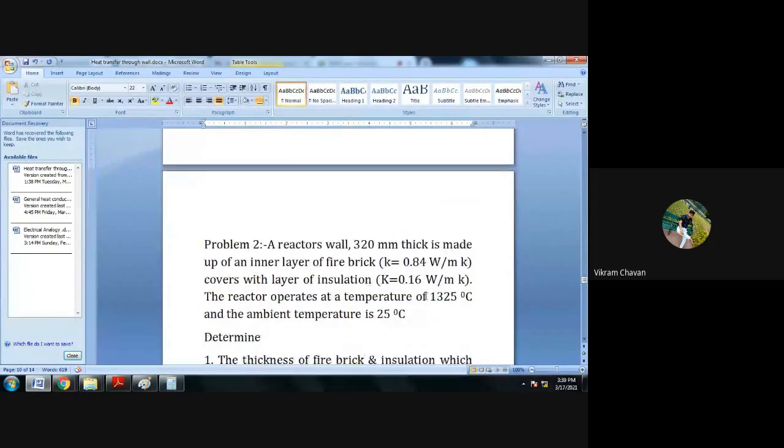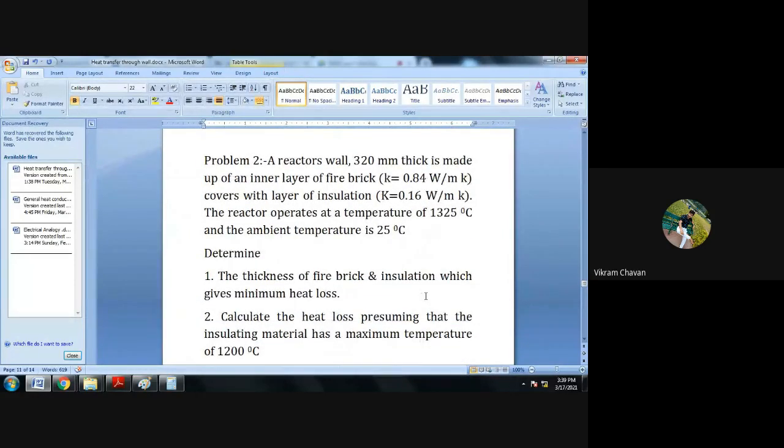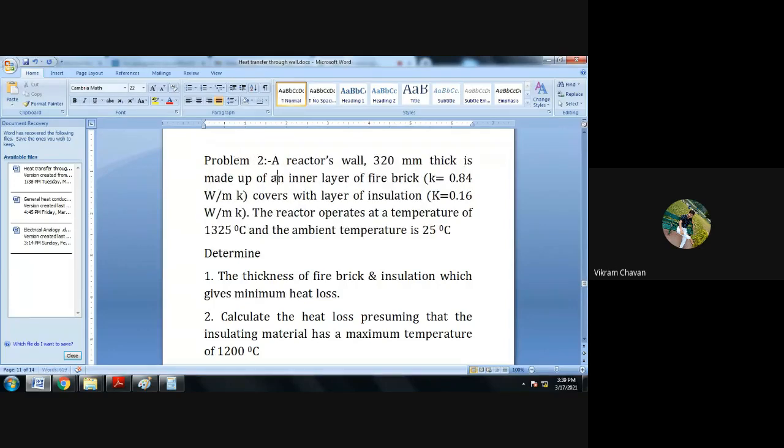Okay, so write down problem number two. A reactor's wall, 320 thick.